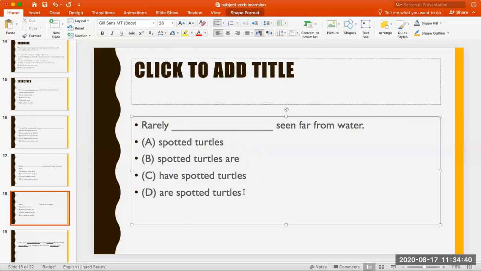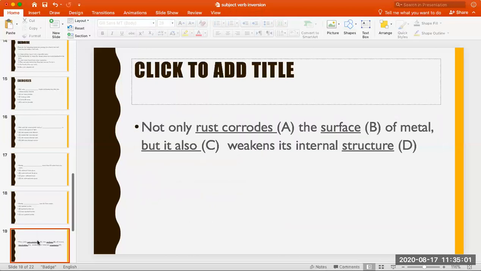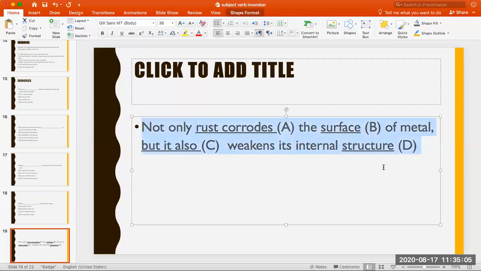Now this is interesting because it's like two questions in one, because there is active and passive, and you have to choose between have spotted or are spotted turtles. So is this active or passive? It's going to help you to choose one over the other. And finally, this is error identification, where you pick the part of the sentence that has an error.